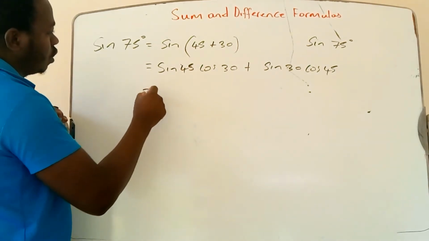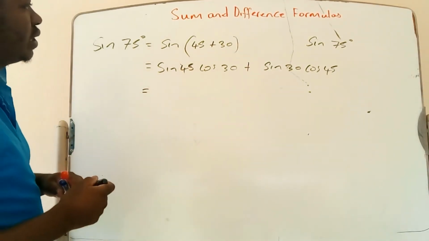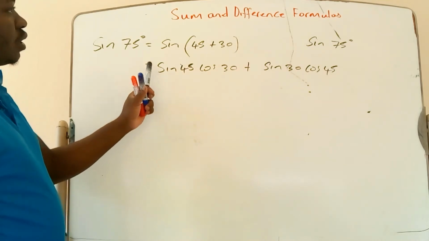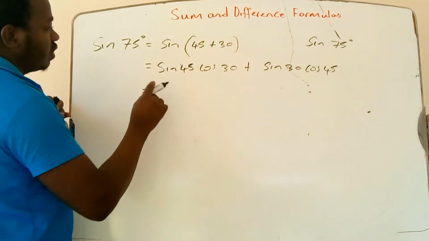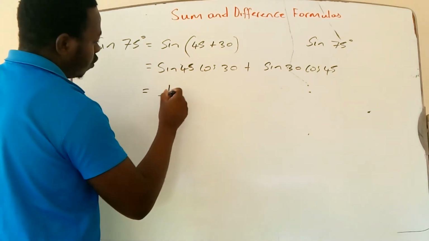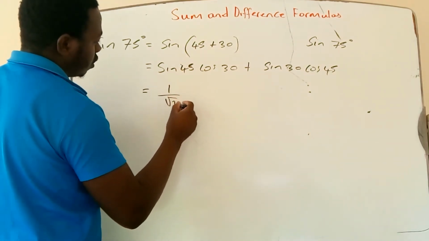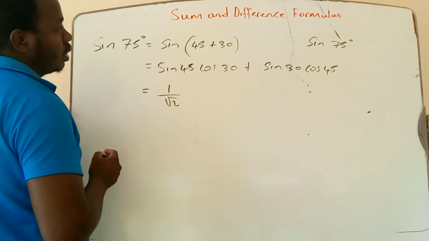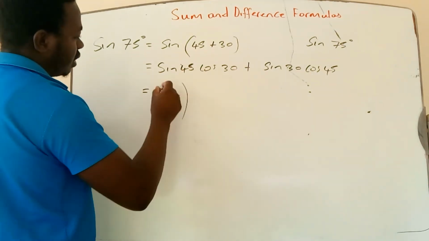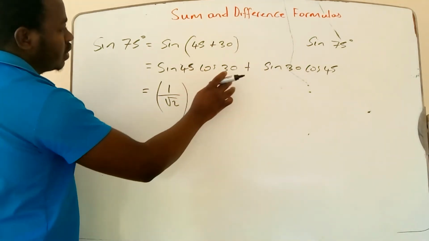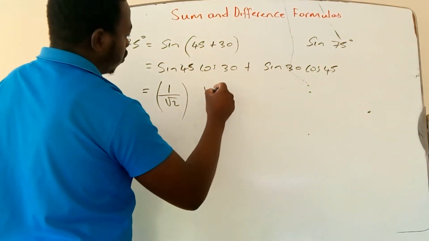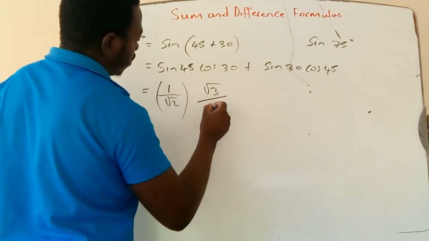Now, do we know what these angles represent? Sine 45. What is sine 45? Sine 45 is just 1 over root 2, times cos 30. What is cos 30? Cos 30 is just root 3 over 2.